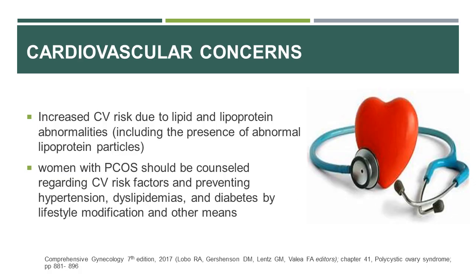Women with PCOS have characteristic lipid and lipoprotein abnormalities, including the presence of abnormal lipoprotein particles, which adds to a long list of abnormalities that tend to increase cardiovascular risk. Women with PCOS should be counseled regarding cardiovascular risk factors and preventing hypertension, dyslipidemia, and diabetes by lifestyle modification and other means.